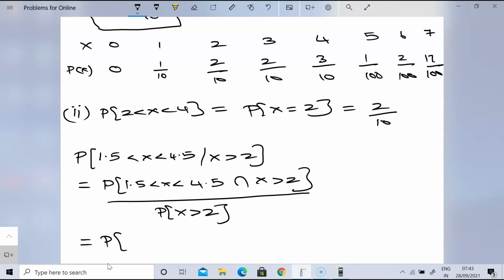When you draw it, what you get in the numerator is 2 less than x less than 4.5, divided by probability of x more than 2. Now you will find the corresponding probabilities.